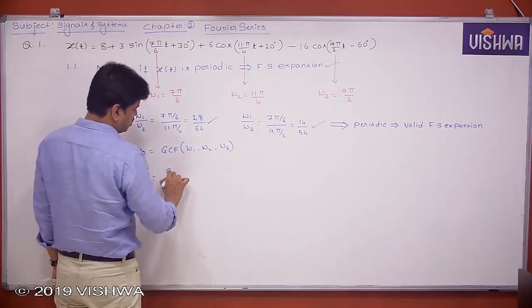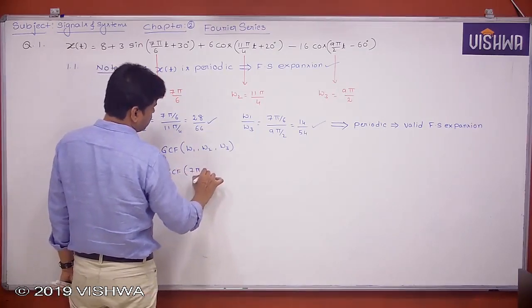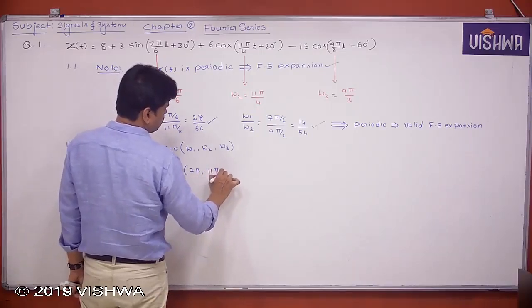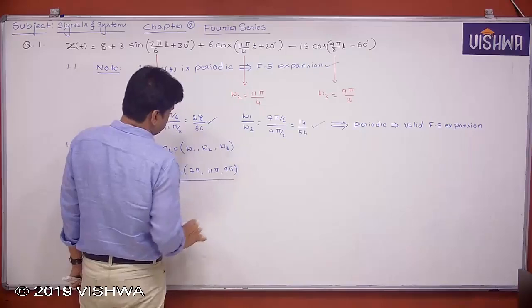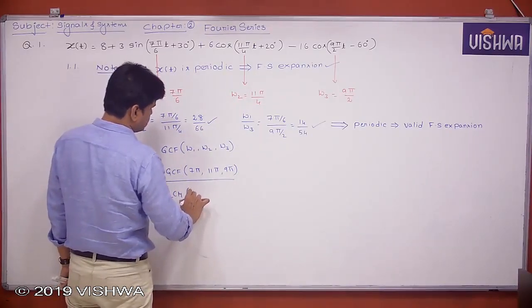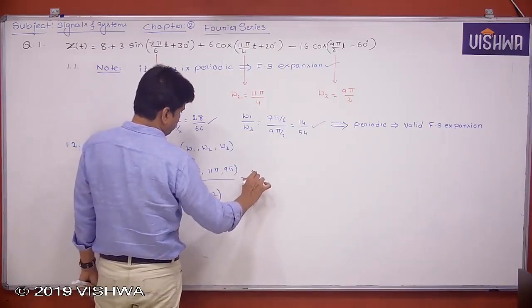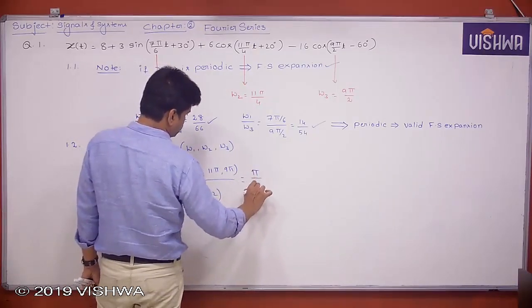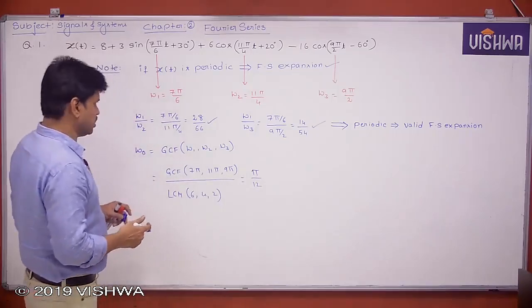It is the GCF of the numerators, that is 7 pi, 11 pi, 9 pi, divided by the LCM of the denominators 6, 4, 2. So finally, LCM is 12, so it is pi by 12. This is omega naught.